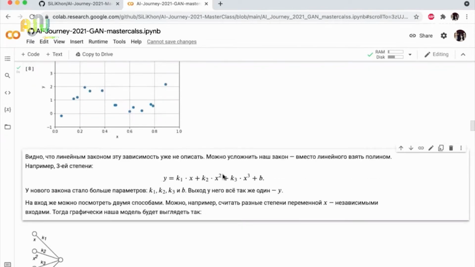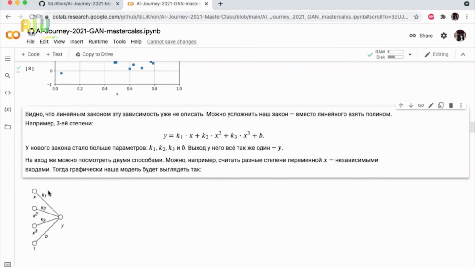Let's try to make this equation then: k multiplied by x plus k2 multiplied by x squared. So you can see the equation on the screen, and graphically we can draw it in the following way. It looks this way. This is a visualization. We see that it's still linear. This is why this visualization still works.